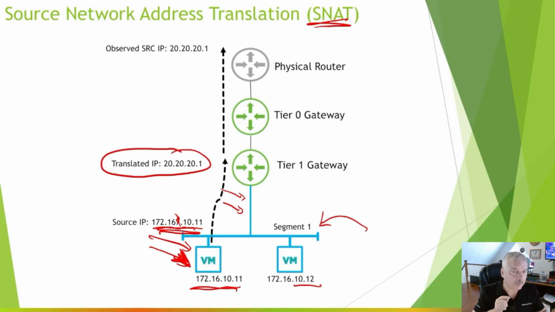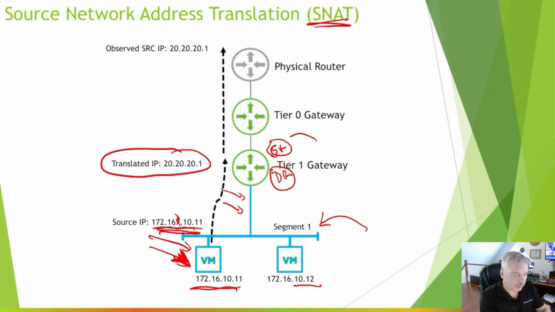Now, what component of the tier 1 gateway does this? This is the part where you need to understand routing in NSX. In our gateways, we have an SR component and a DR component, the distributed router component and the service router component. The DR component lives on all the transport nodes, your ESXi hosts.